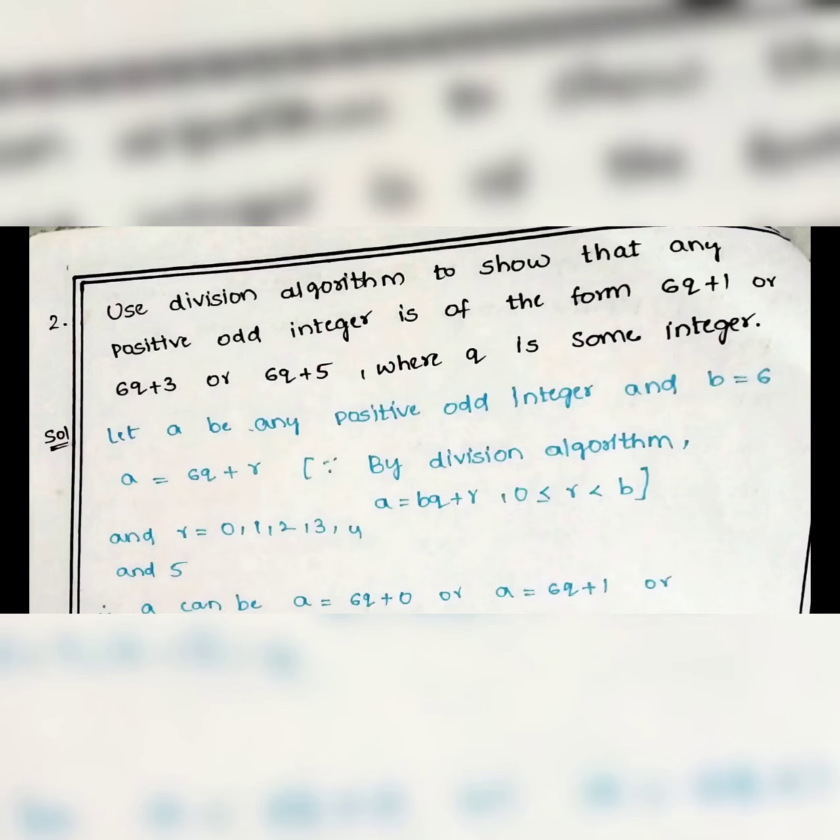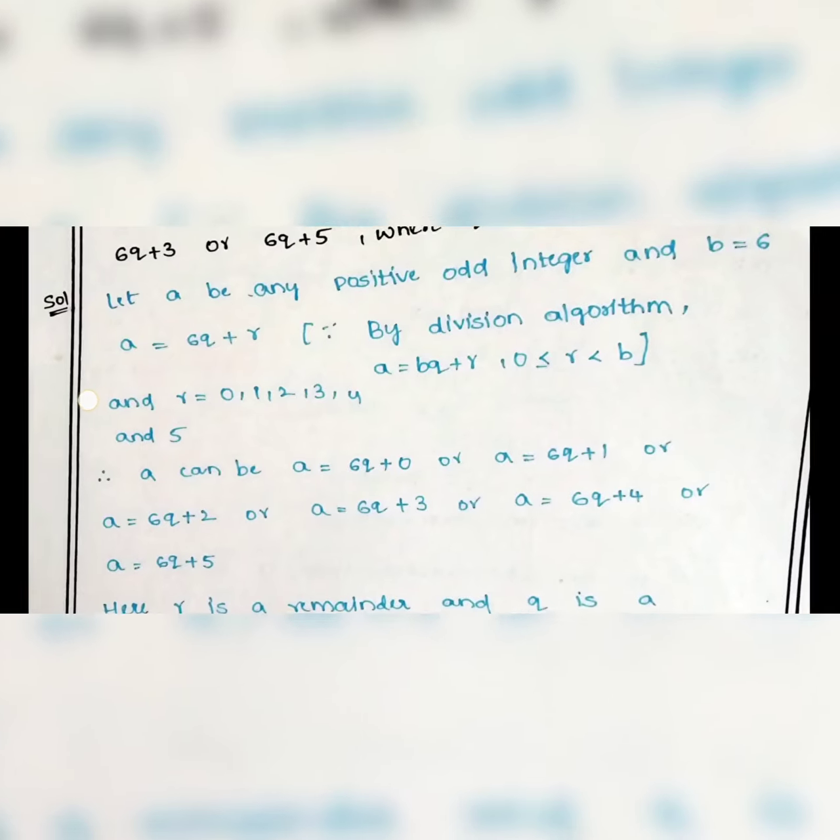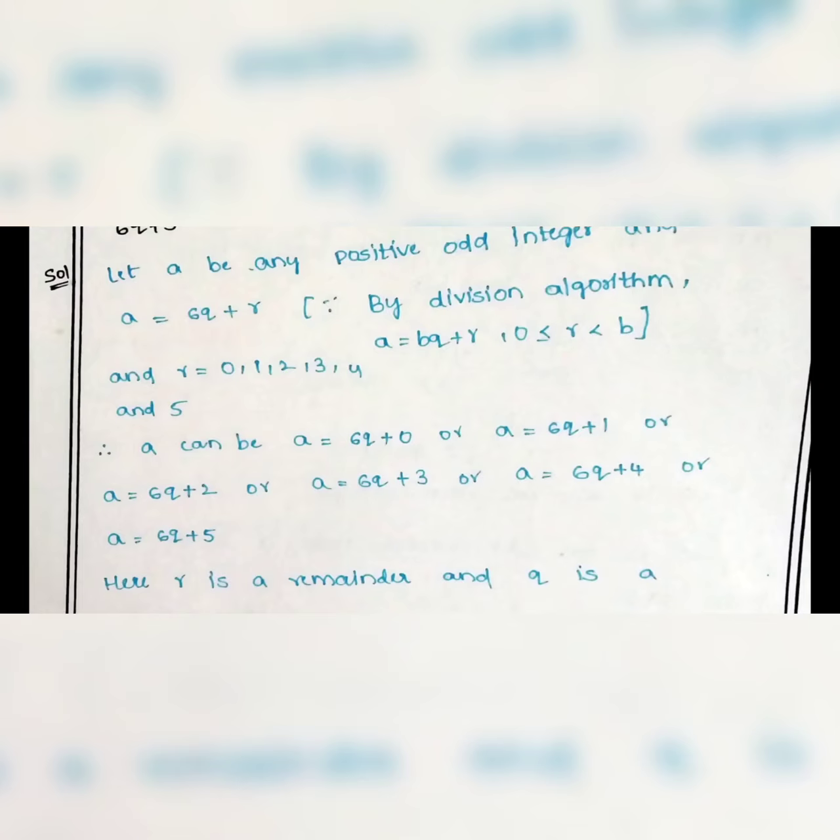Those are the only possibilities. So a can be 6q plus 0 or 6q plus 1 or 6q plus 2 or 6q plus 3 or 6q plus 4 or 6q plus 5. We have just substituted r as 0, 1, 2, 3, 4 and 5. Here r is the remainder and q is the quotient.